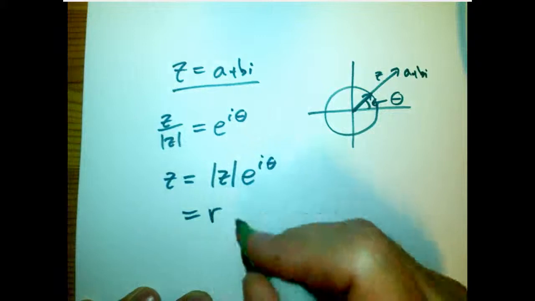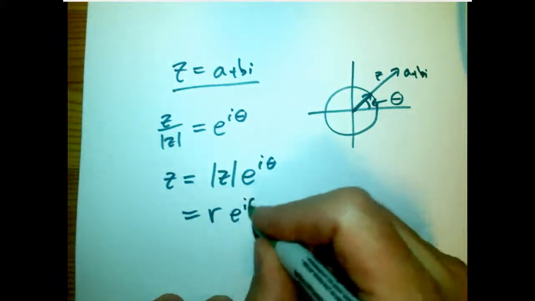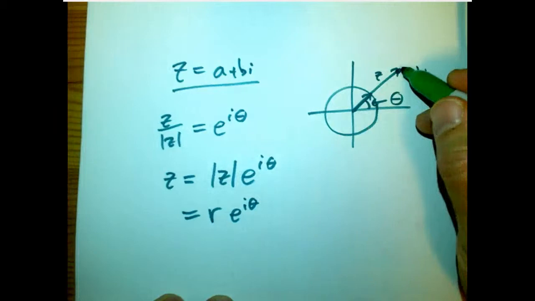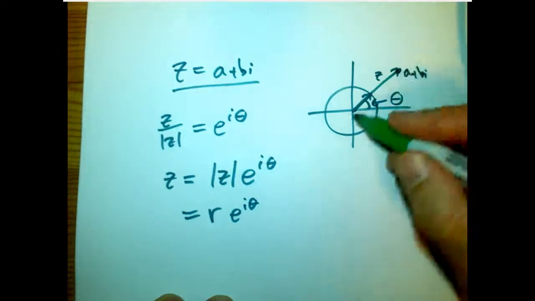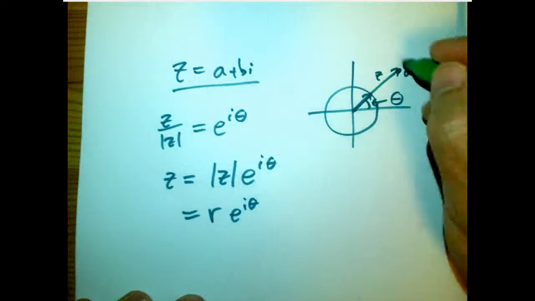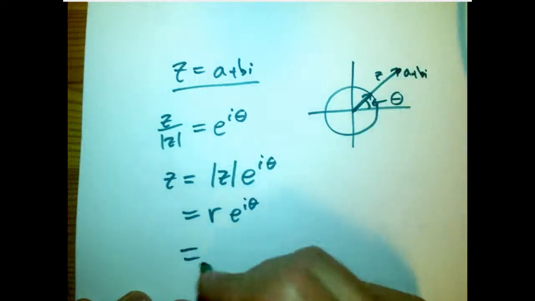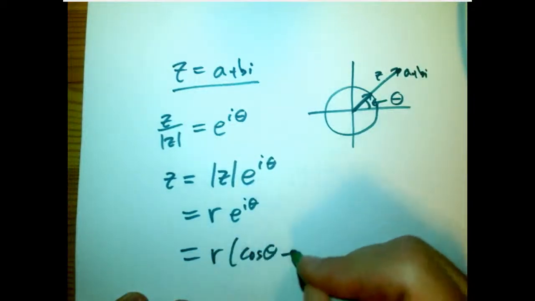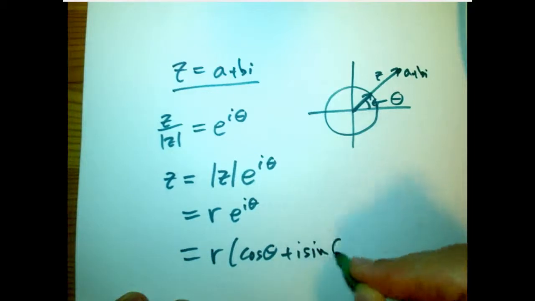That's often expressed just as r e to the i theta, because after all, the magnitude of an arrow coming out of the origin is the same as the polar coordinate r, the radial coordinate of that point at the tip. And of course, if we want to expand that out, it's just polar form.